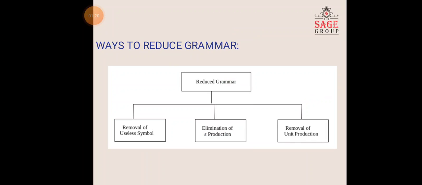The first step is removing the useless symbols used in the grammar. In the second step, we eliminate the epsilon productions, if we find any in the grammar. The third step is the removal of unit productions. We need to check how many unit productions are present in our grammar, and if we find any, we have to remove them. These are the techniques through which we can reduce our grammar.